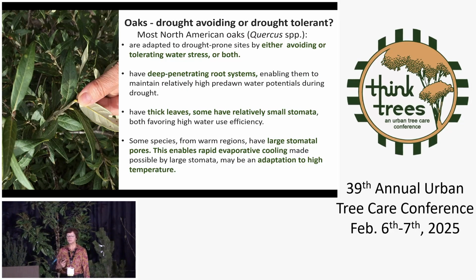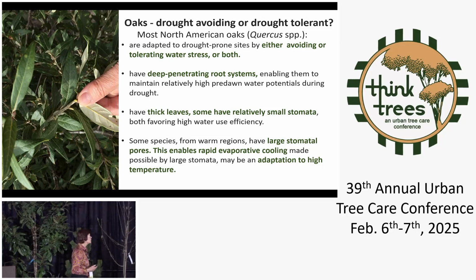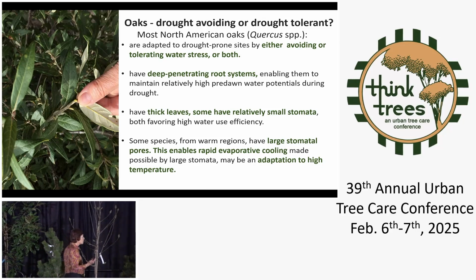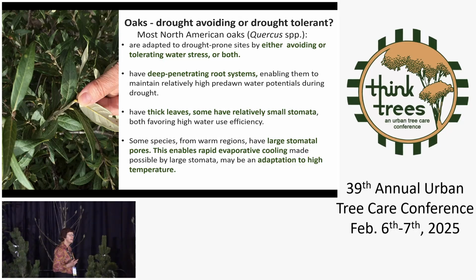So how about those trees that you all like? The oaks, are they drought avoiders or are they drought tolerators? So a lot of the North American oaks are adapted to drought-prone sites, and they can be either an avoider or a tolerator. They have a deep penetrating root system, and they have thick leaves, and you can see on this particular oak, the underside has a lot of trichomes, so it's very hairy.